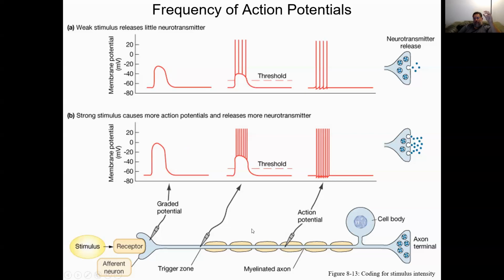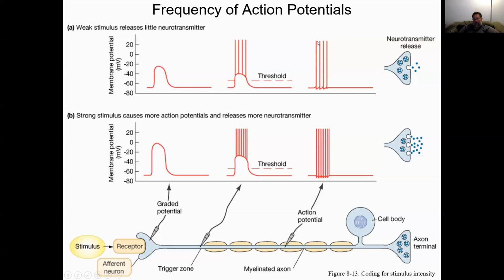This strong graded potential means that lots of sodium will reach the axon hillock, the deciding zone that I've shown you in previous pictures. Maybe I'll show you another picture; I'll jump to that slide in a moment. But at that point, all these sodium channels open, and there are lots of action potentials traveling down the axon really close to each other. So the frequency increases, but the size is the same.